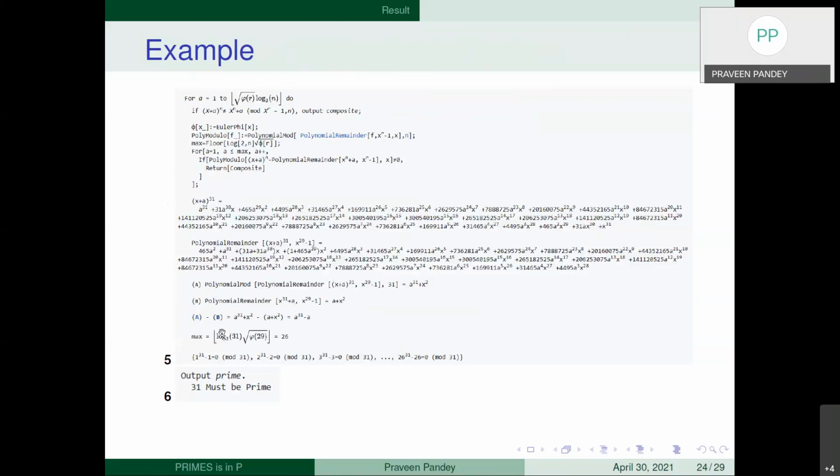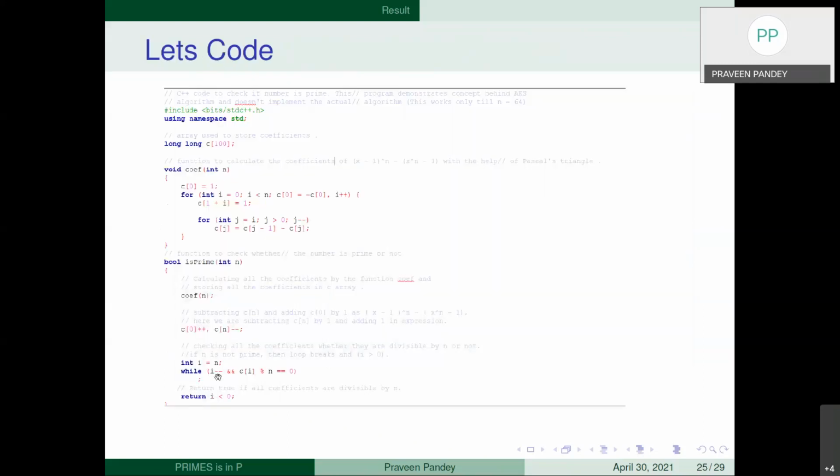Then we compute the difference. Here 1^31 minus 1 is 0. Every time it must come as 0. Since we obtained equality, we output prime. That is, 31 must be a prime number.